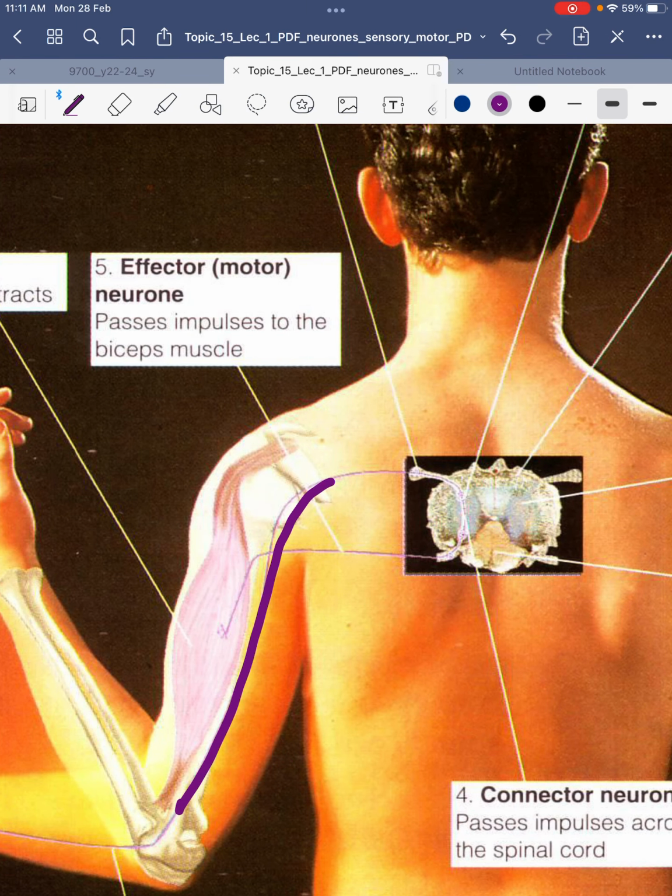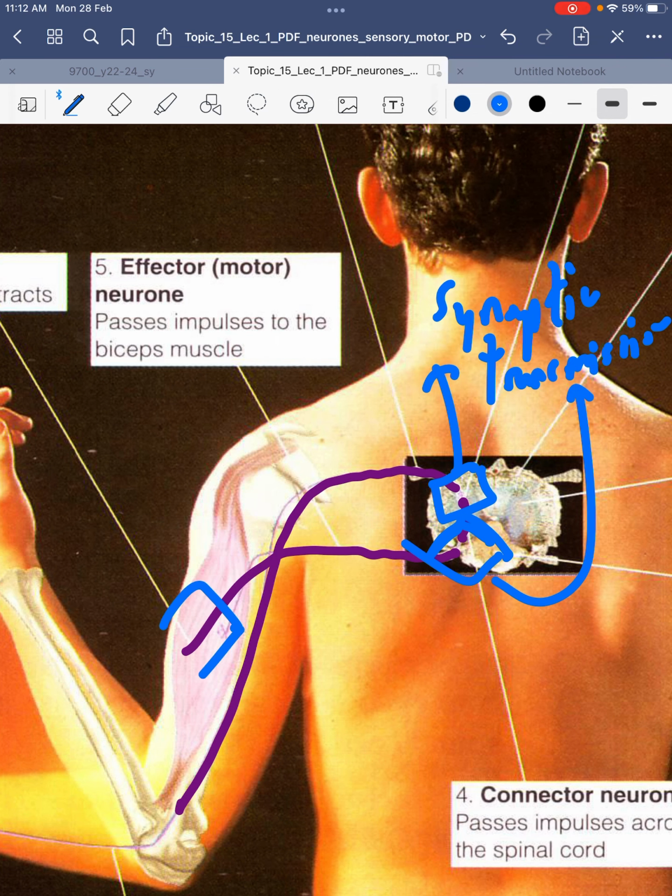This is by synapse, synaptic transmission. And then the same thing with how this interneuron connects with the motor neuron. There's another synaptic transmission. But this part here is different, whereby how do they communicate, the end of a motor neuron with a muscle, and it's called the neuromuscular junction.